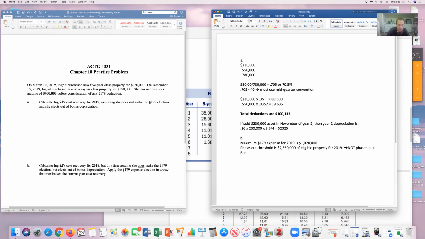But because of her net business income of 400,000, she's going to be limited that way. It's a limit, it's not a phase out. She can only deduct 400,000 due to her net business income.